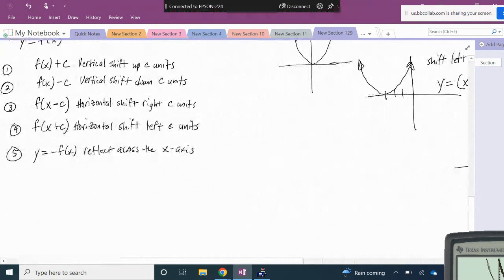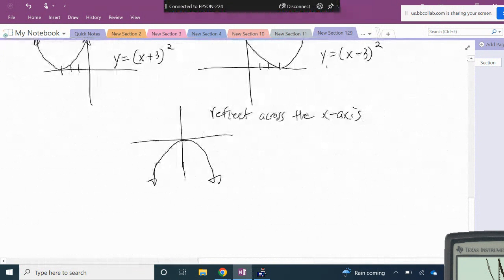Well, the model form just simply says we would take whatever our function is, f of x, and we would simply multiply by a negative. So we can write out the equation for this graph as y is equal to negative x squared.